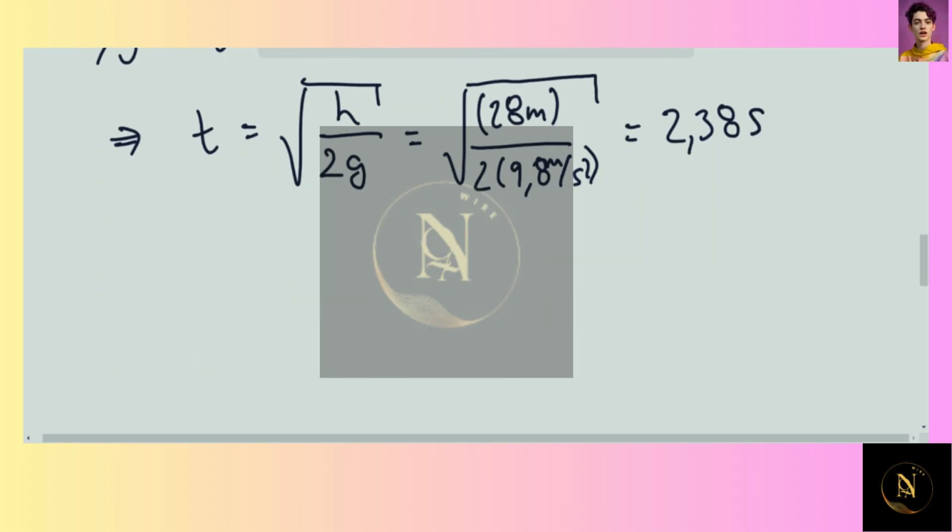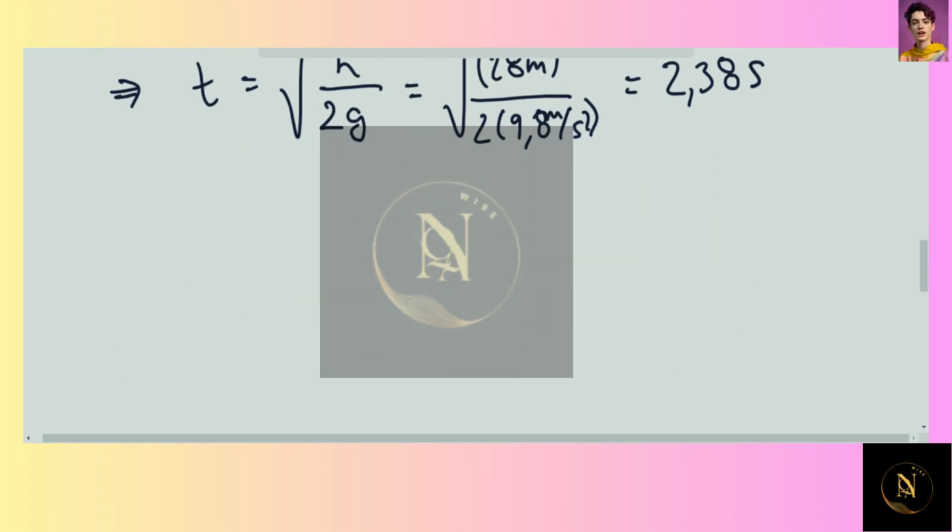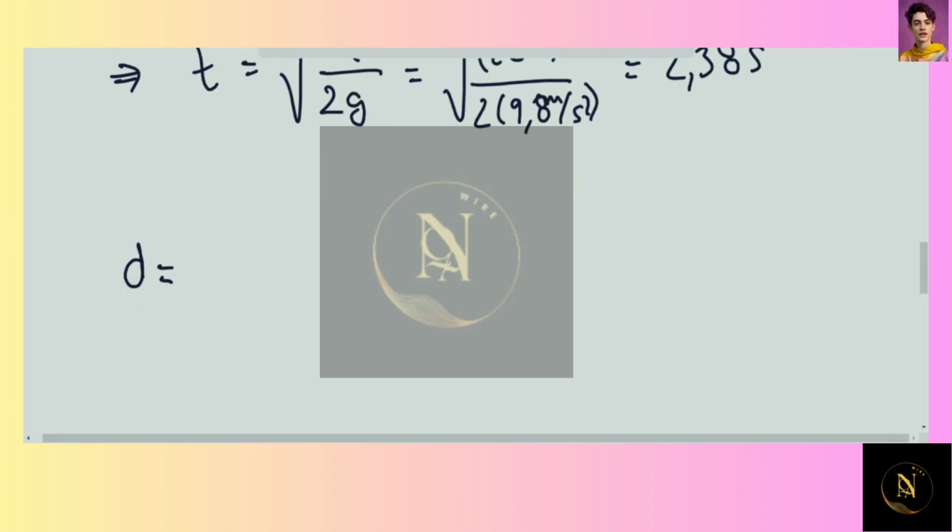Now, to obtain the distance d, that is the horizontal reach, we know that that is just the velocity times the time that the ball takes to get to the ground.